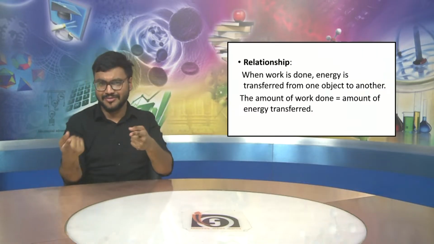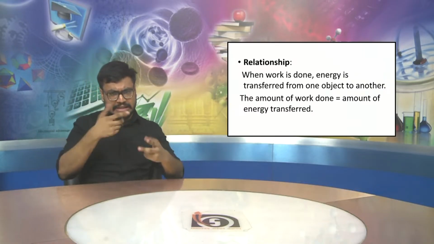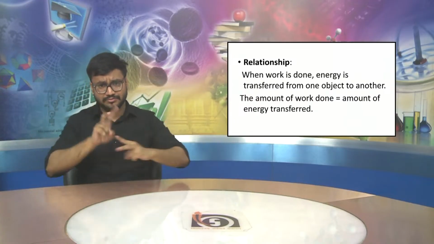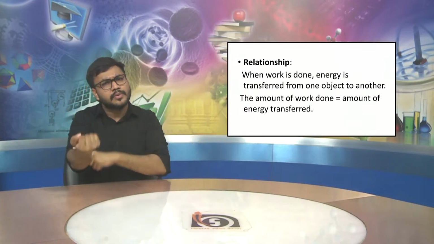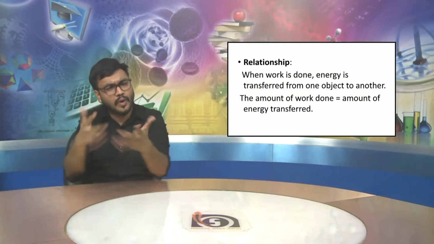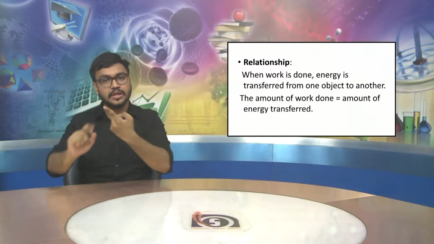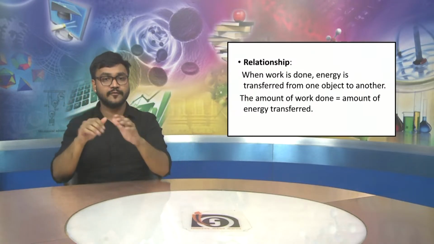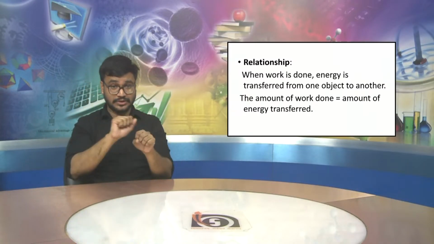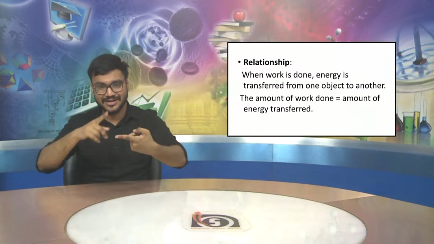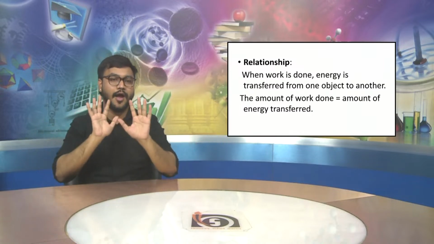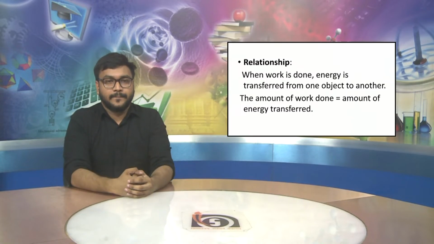Now we will learn the relationship between work and energy. When work is done, energy is transferred from one object to another. The amount of work done is equal to the amount of energy transferred.